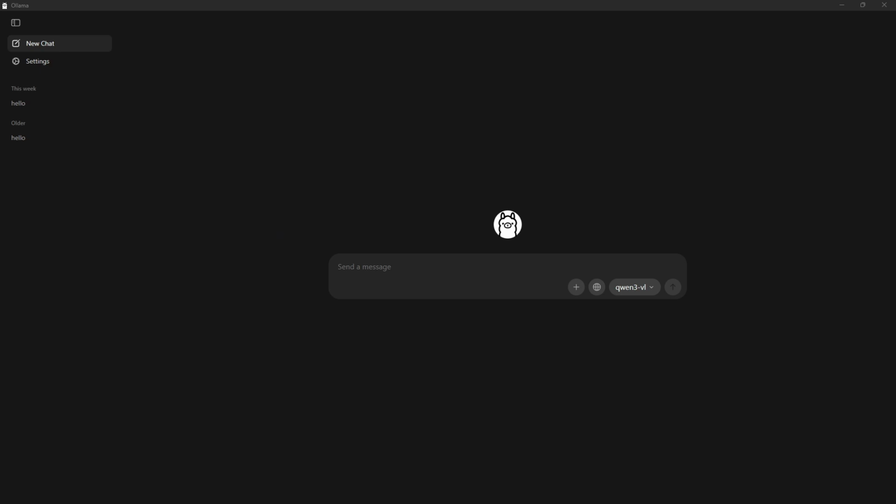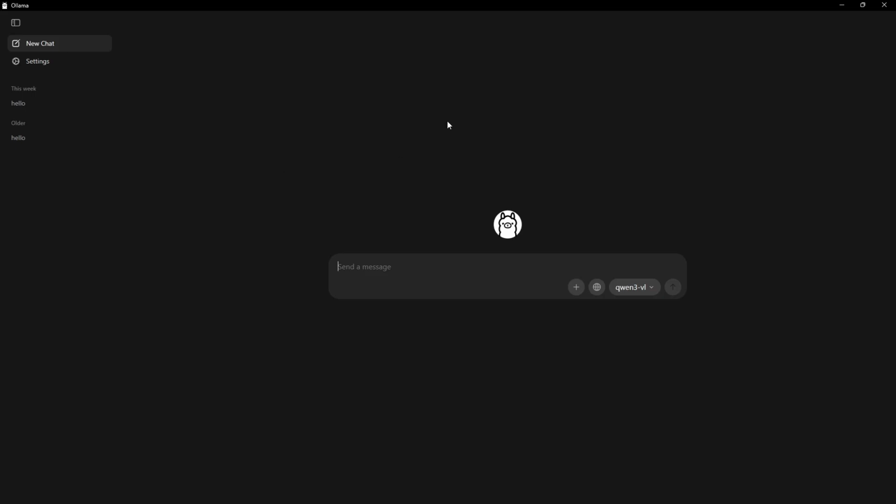And they have a website that you can go to, and when you install Ollama on your computer, it kind of looks like this. It has this user interface that kind of looks like ChatGPT, but the cool thing is that you have a bunch of models that you can install locally or run locally and interact with them.